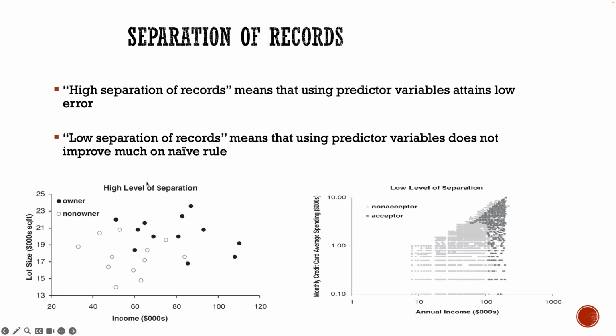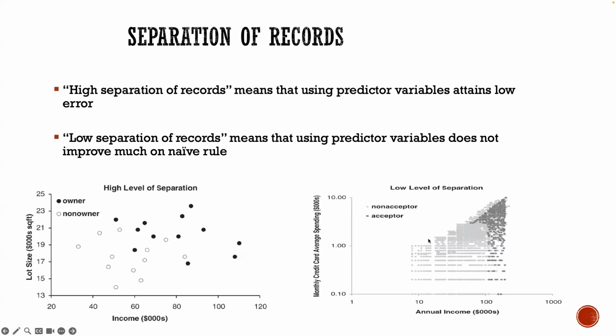In this case, we have a smaller amount of data, and we can relatively easily separate owners and non-owners using income and lot size of their houses. Using these two predictors, we are able to more or less distinguish them. There are a few which may not come into the proper class, but if I create a line like this, I could get most of the owners separated out from non-owners.